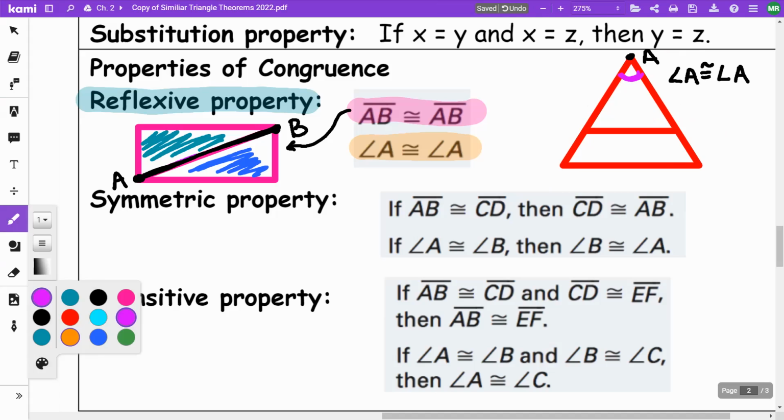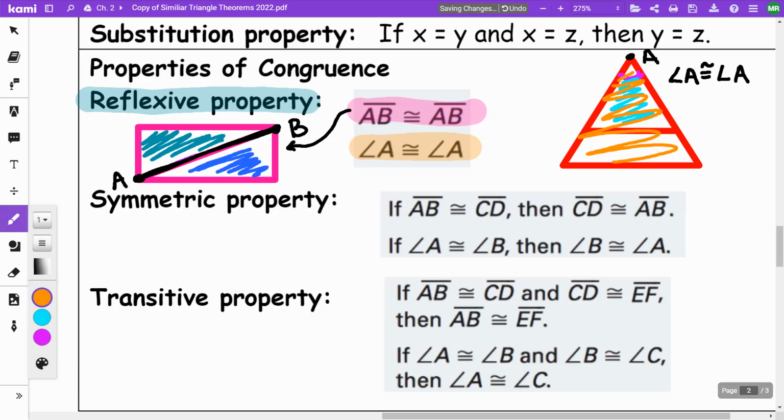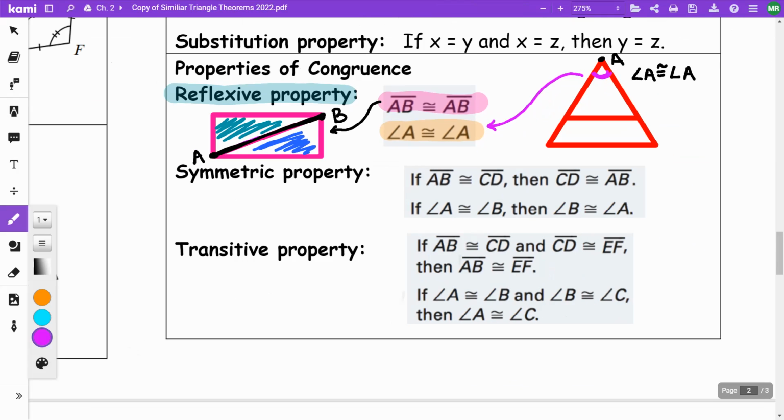It is in this blue triangle here, and it's going to be in this bigger orange triangle. It's in both of them. So that is an example of the reflexive property of congruence.